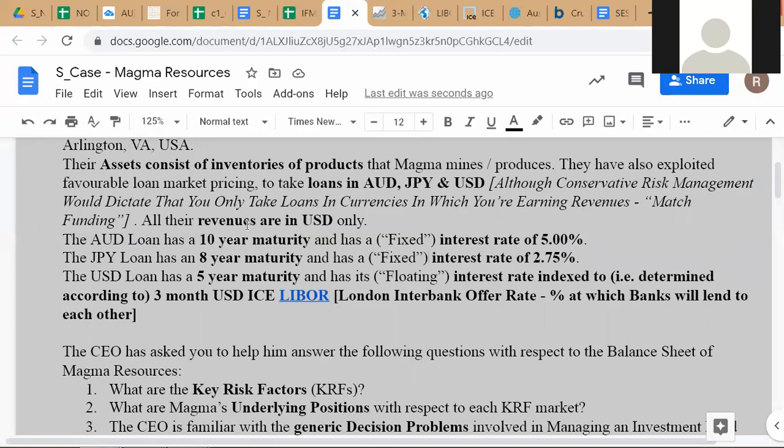Remember, when we looked at market, one of the categories was called market risk, and I mentioned that market risk has to be further split up. Let me get that page up here.